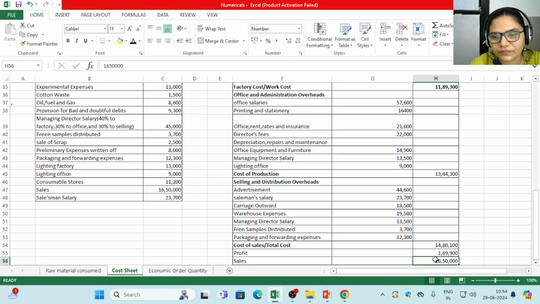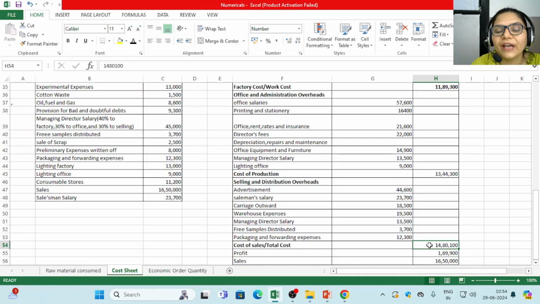Now, if sales is given, we will deduct this total cost or cost of sales from sales value, and we will be arriving at a profit for the organization, that is 1,69,900.